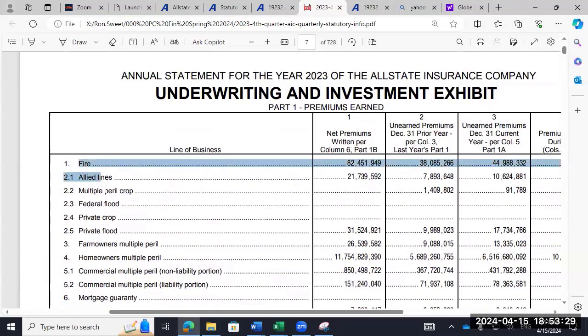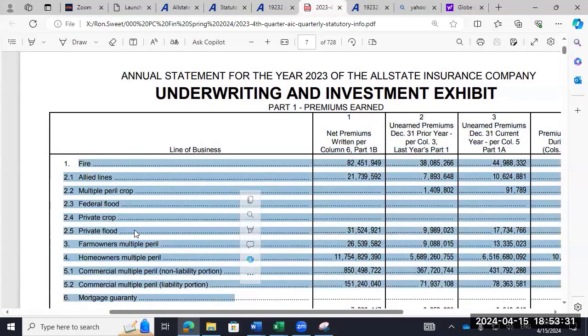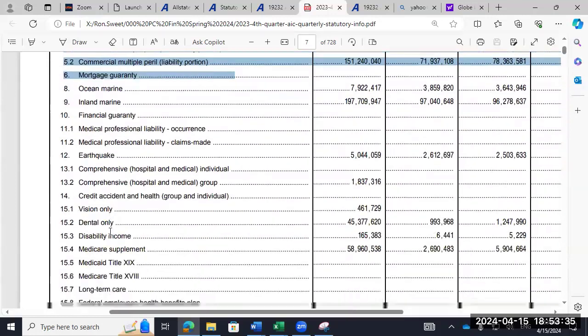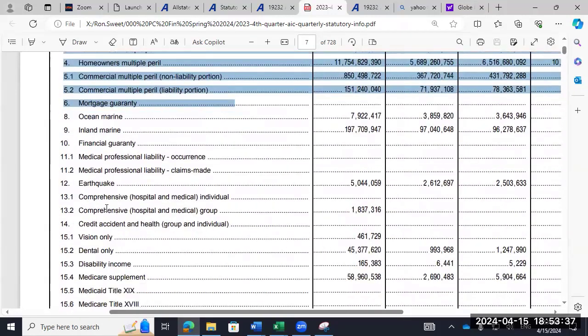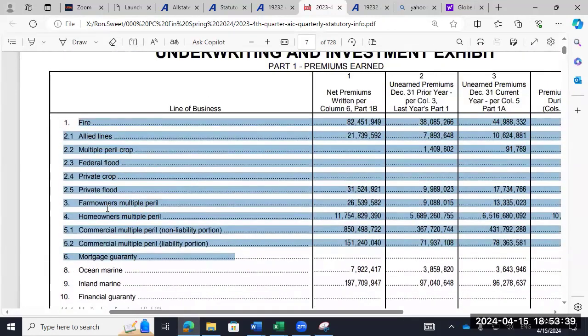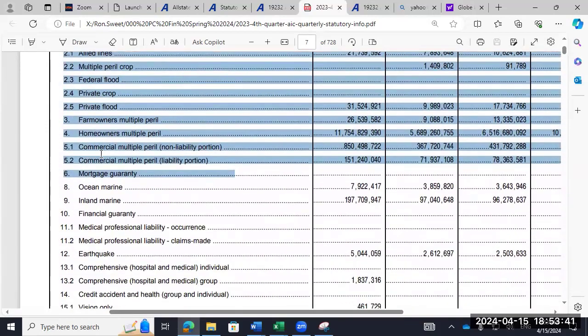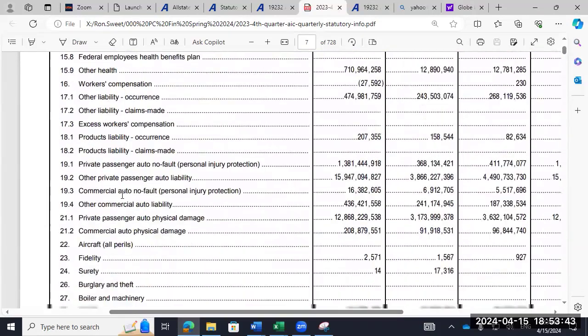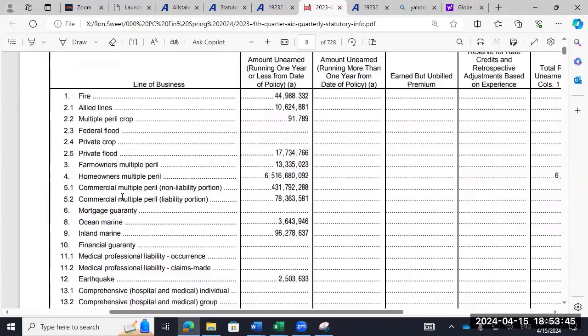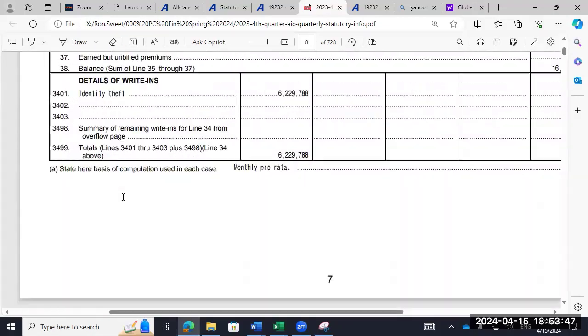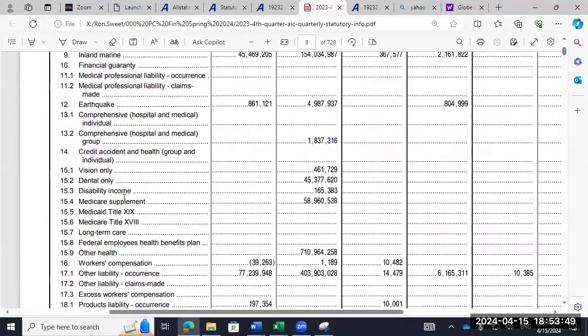This is incredible. They have incredible detail, product, all the way down. On the auto, they break up auto between physical damage and liability. They break out commercial lines. And they do it for all different things, reserves, expenses.